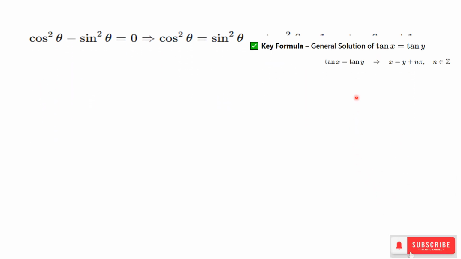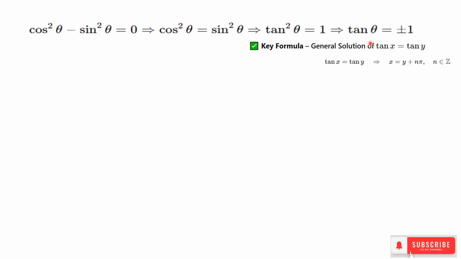Now let us find the values of θ. If tan θ equals plus or minus 1, and it is given that θ belongs to 0 to 2π, that is first quadrant to fourth quadrant, 0 to 360 degrees. What are the values of θ in 0 to 2π which give us plus or minus 1?